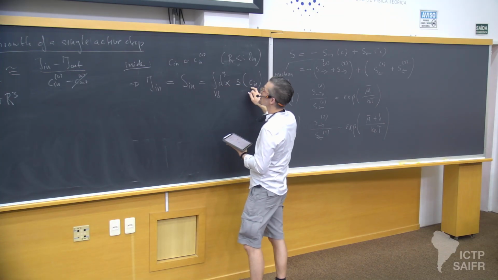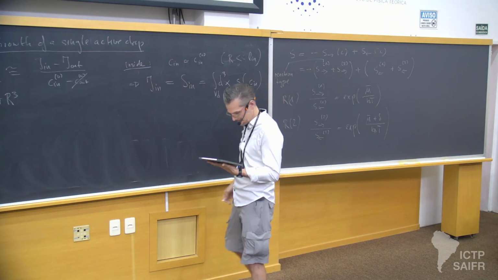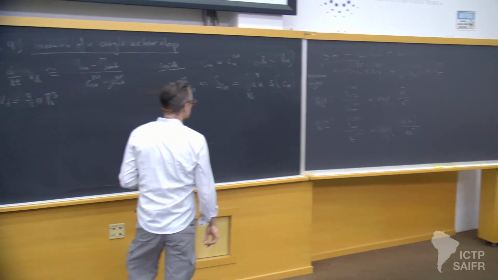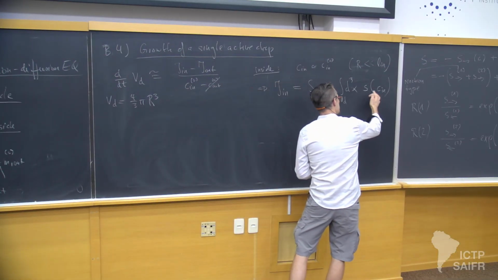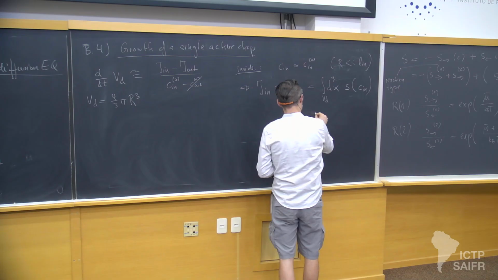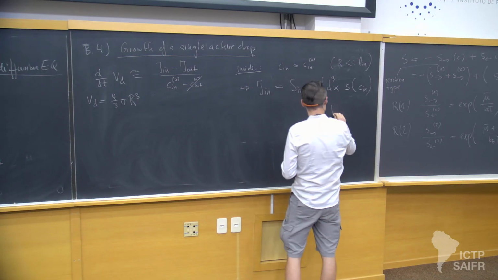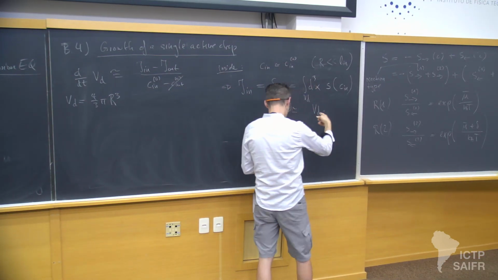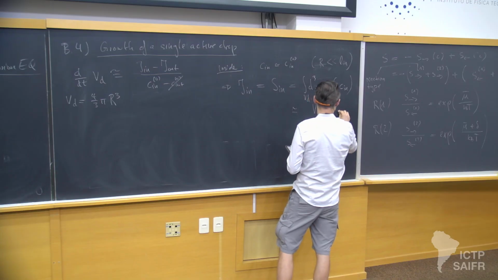Maybe I have to write here C. Yeah, exactly, C inside. And this is super easy because if this is constant, then this gives me just a constant, but it gives me also a volume. So this is exactly this very simple argument. It gives you just gamma in.